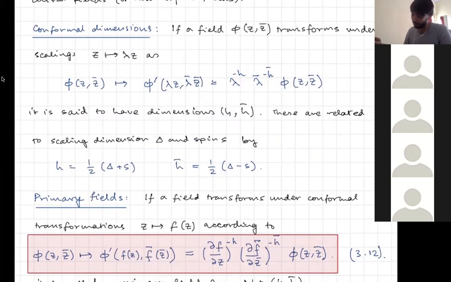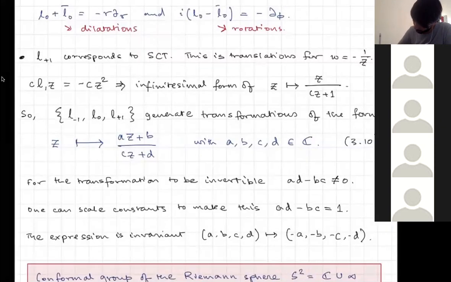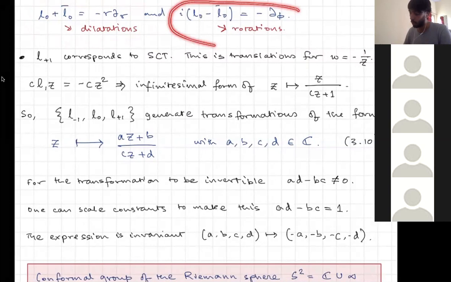If you look back at what Z was, the fact that Z goes to lambda Z was a linear combination of your, just going back one or two steps, as you see, L naught plus L naught bar is what gave you the dilatations, and i(L naught minus L naught bar) was what gave you the rotations.